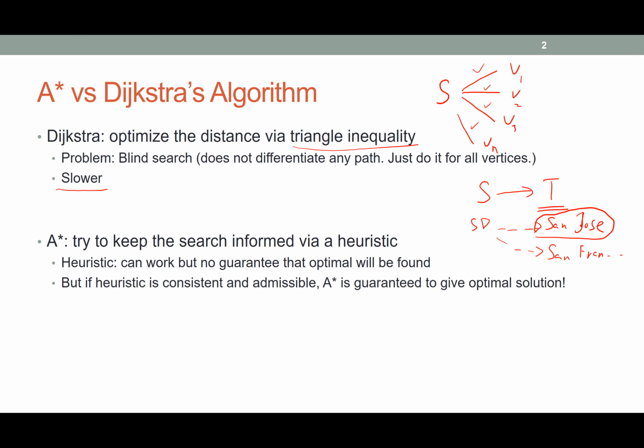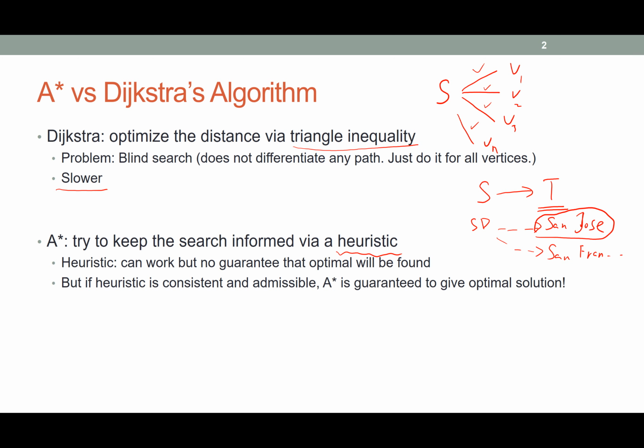A-star is called an informed search, and it informs our search algorithm via this thing called a heuristic. A heuristic function, in fact, is one of the trickiest things in practice, where you have to design a good heuristic function, because for heuristics, it is guaranteed that it can give you something, but it cannot guarantee the result will be optimal.